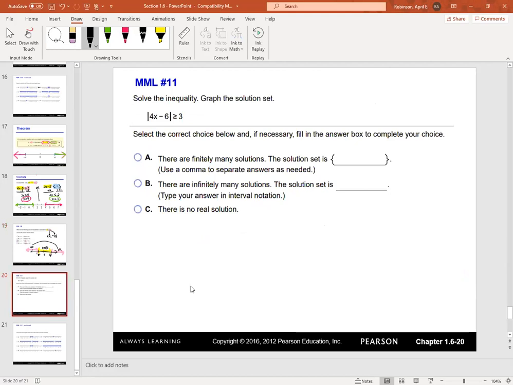And this one, okay, solve the inequality. Again, it's another greater than. So I'm simply going to start with the actual inequality of 4x minus 6 is greater than or equal to 3, or the 4x minus 6 is less than or equal to negative 3.